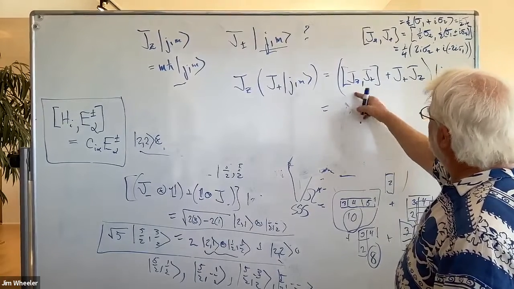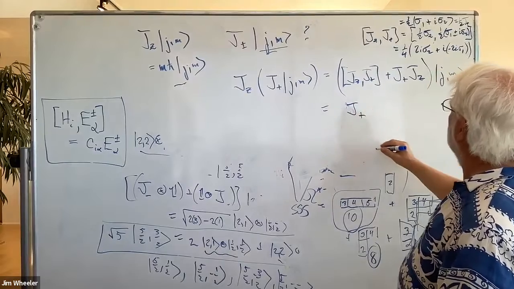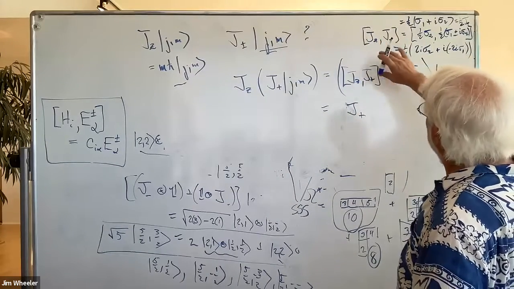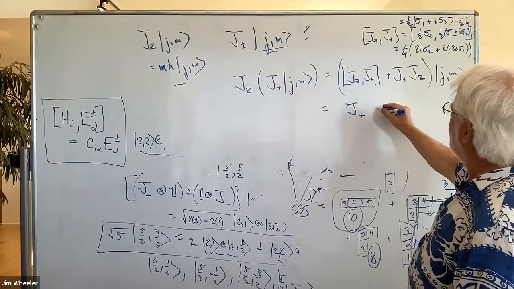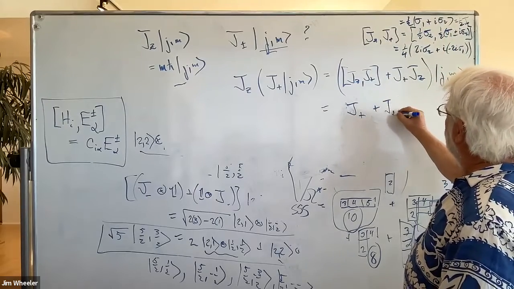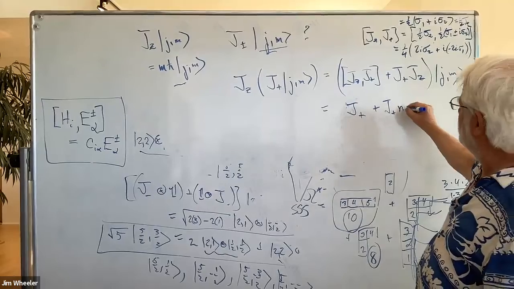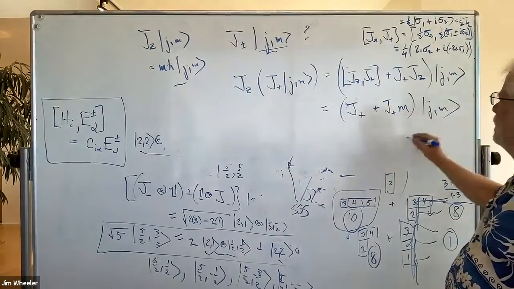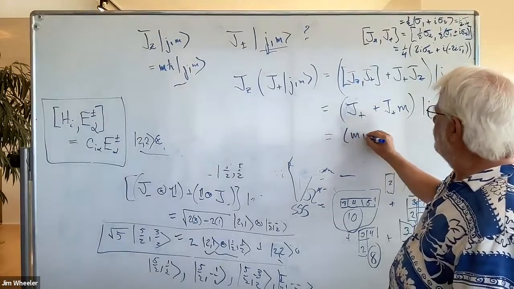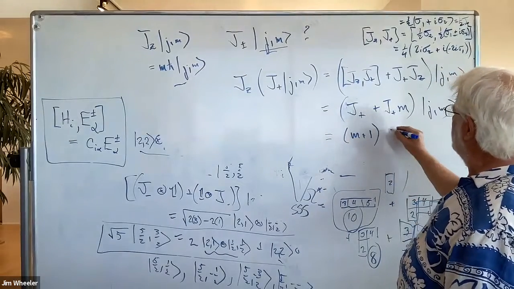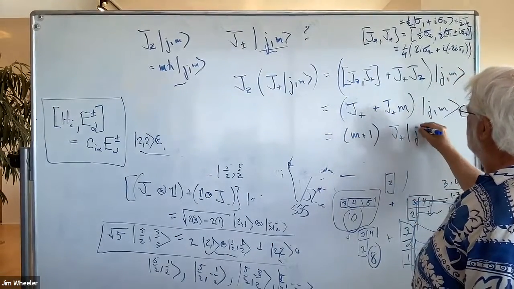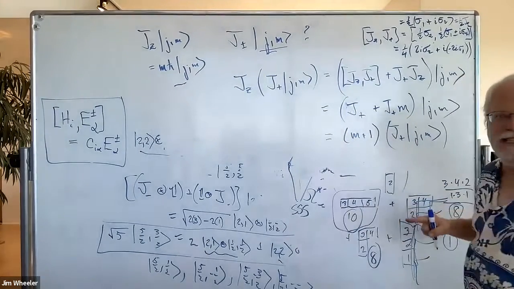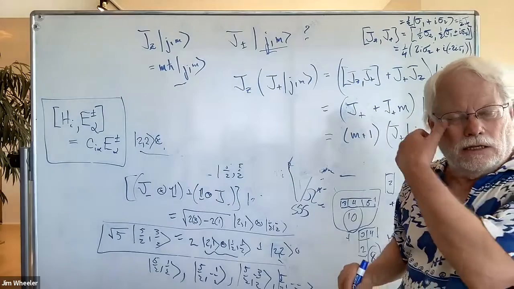So this commutator just gives us J plus. Forget the half. Then plus J plus, this JZ acting on this state just gives M. And then we still have this state. So this is M plus 1 times J plus JM. That's still an eigenstate of JZ.